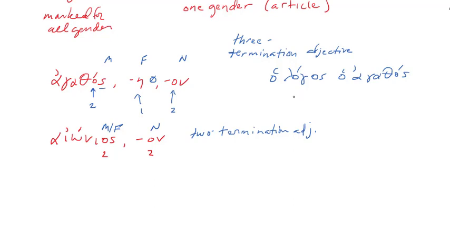Then let's talk about the good hour: hē hōra, hē agathē. You have to use a feminine form. If this is nominative feminine singular, the adjective has to be nominative feminine singular. Hē hōra, hē agathē.